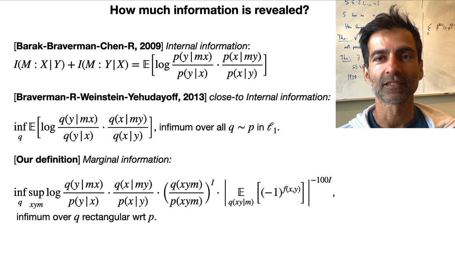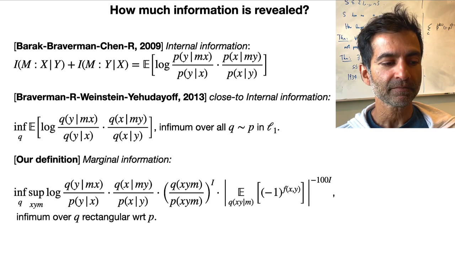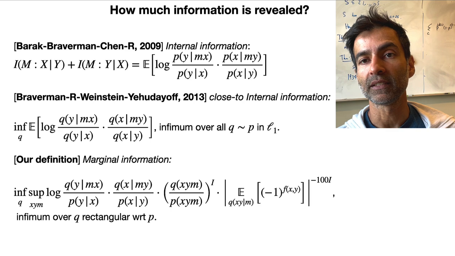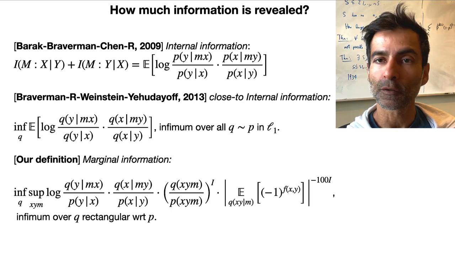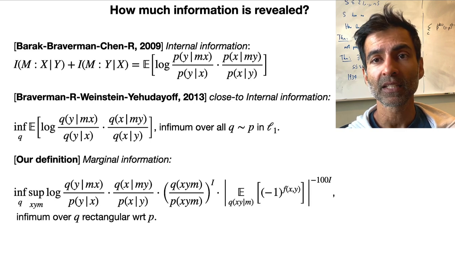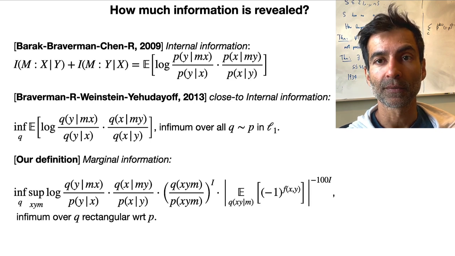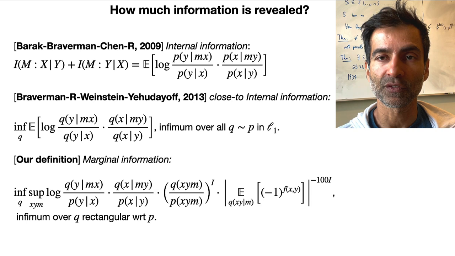Okay, so these are the terms in the information measured. And what we're doing is taking the maximum of the log ratio of all of these quantities. So in particular, the information can be small, even though any one of these terms is actually quite bad. For example, you could have a very large contribution from the first two terms as long as that's compensated by the contribution from one of the other terms.